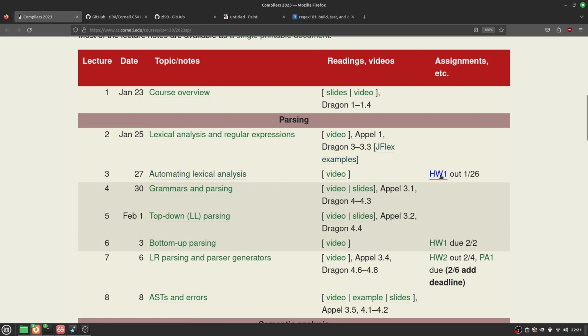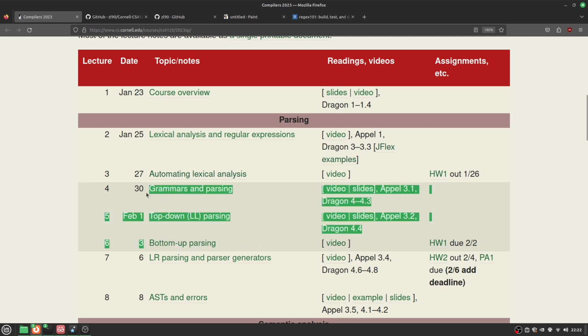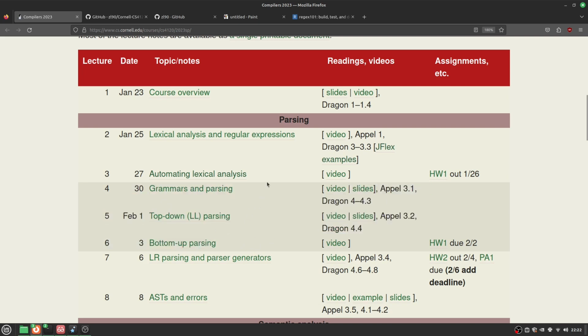And notice the homework is out at this point in the course. So after this lecture, we have homework. The homework isn't due until lesson 6. So I'm gonna have a look at it, see if it actually requires the stuff in lessons 4, 5, and 6. If it does, then obviously we'll wait a bit to do it, but we'll probably attempt it after this video. We'll see how it goes.